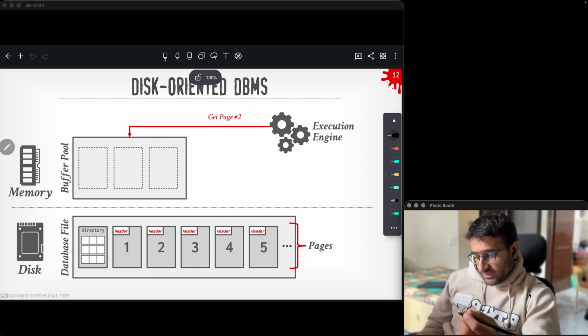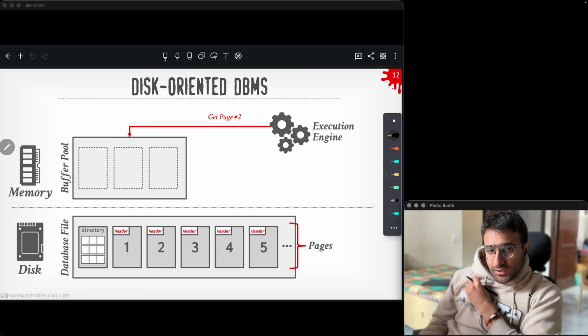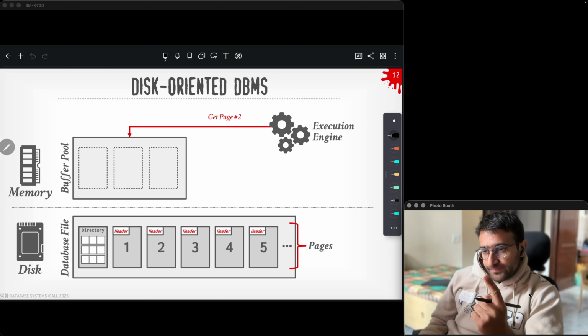Now the question is, how does the database management system store these files? It can be one file for the whole DBMS. That's how SQLite and DuckDB work, I think. DuckDB and SQLite only have one file, and they can store multiple tables, multiple databases, and multiple versions of those databases in that one file.